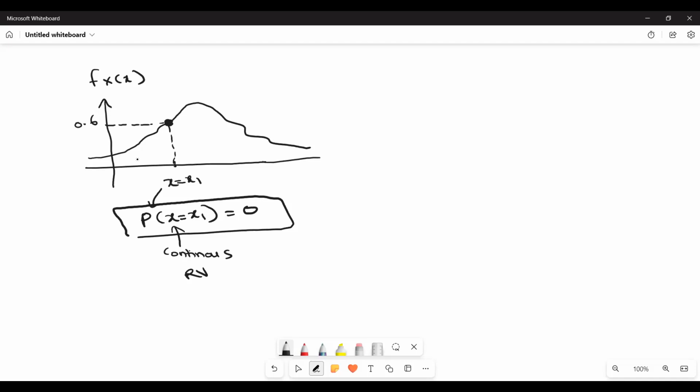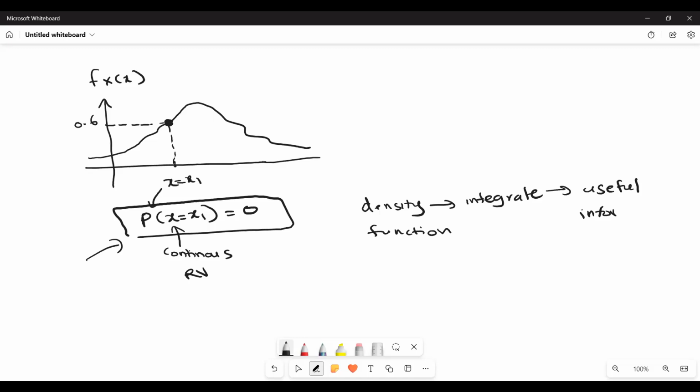This is something I wanted you to understand. So therefore, with any probability density function, you need to integrate it in order to find useful information.